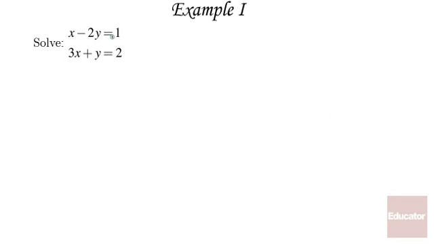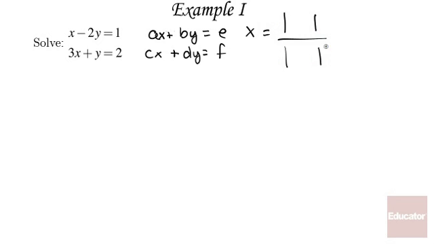For example, solving this system of equations using Cramer's rule. So this is in the form ax plus by equals some constant. I'm going to call it E. Here, I'm going to call this Cx plus dy equals f. And then just to remind you, if I'm looking for x or y, what I'm going to do.